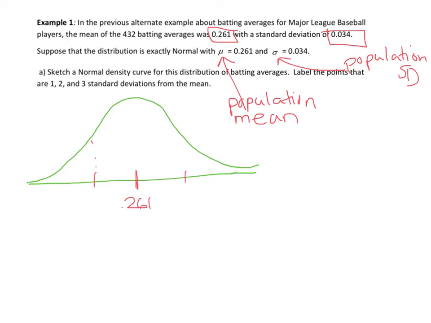Then the middle 68% of values are going to be all 1 standard deviation away. So I'm going to find the value here by doing 0.261 plus 0.034, and that will give me 0.295.